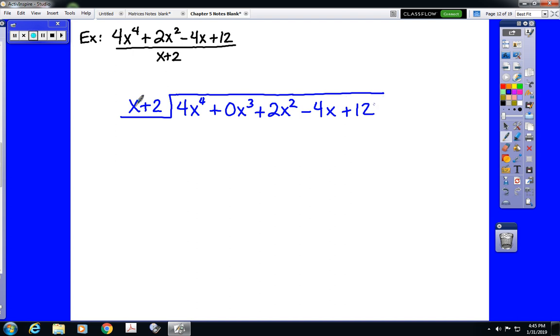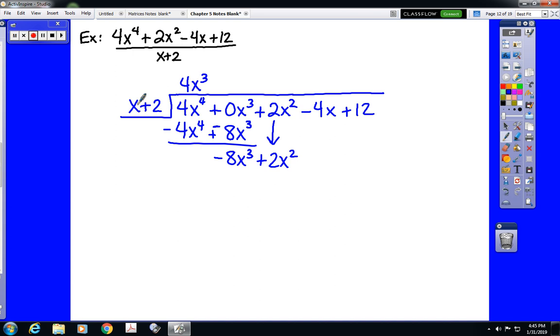So again, we're going to go through this process. x times what is 4x to the fourth? Well, that would be 4x cubed. 4x cubed times x is 4x to the fourth. 4x cubed times 2 is 8x to the third. Draw the line, change both signs, add down would be negative 8x to the third. Bring down the next term, start the process over again.